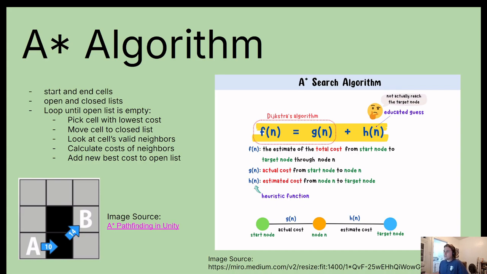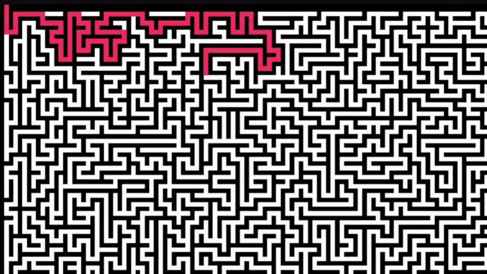We have a start and end cell that are known, and two lists, an open list and a closed list, and we loop until the open list is empty, calculating the cost of each cell from our starting cell, and then checking out its neighbors. If any of the neighbors are either occupied or unknown, we just don't calculate that cost. And so the path never paths through those, and you end up with these nice optimal paths through the environment.